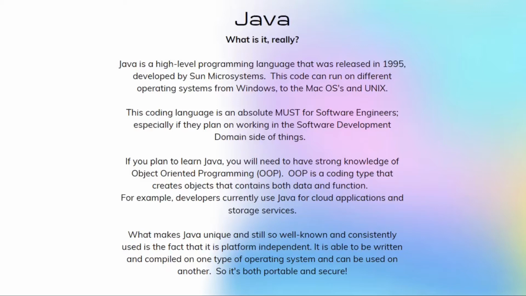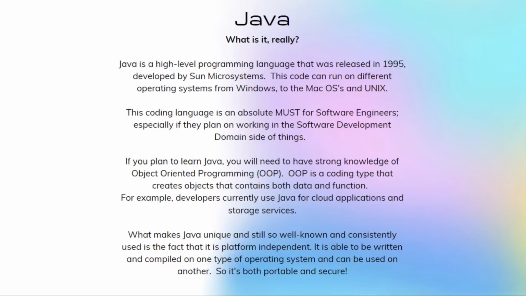That's a coding type that creates objects that contain both a function and can store data. For example, it's very similar, or if not the exact coding that is used in, let's say, iCloud, Microsoft OneNote, various cloud storing services like that.